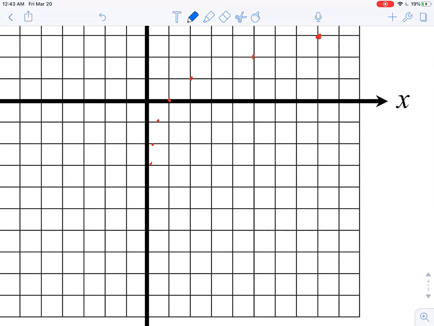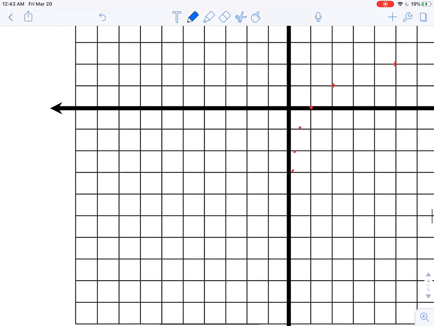So let's start here. So left 1, 2, 3, 4, 5, 6, 7, 8, and down 1, 2, 3, 4. Make a little bit bigger dot. Left 8, down 4.